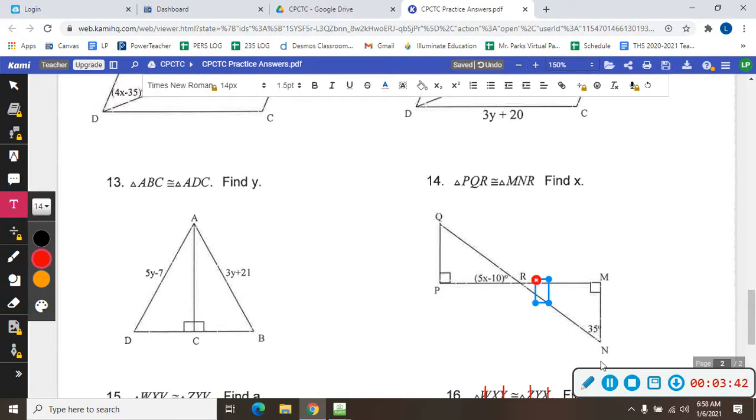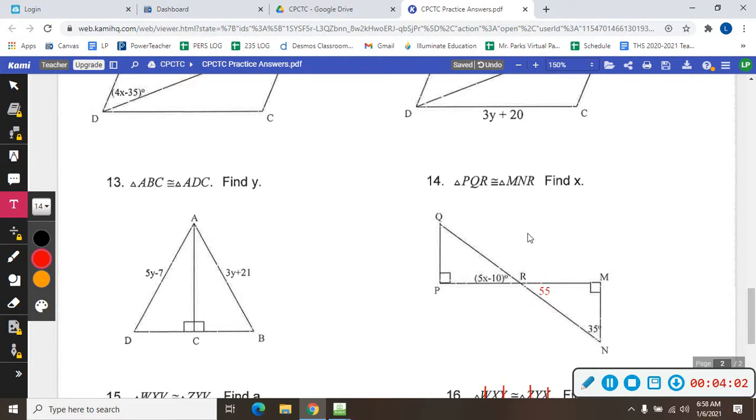So if these are 125, that would leave 55 degrees left? 55 plus 30 is 90, plus 90 is 180. By the interior angle sum theorem, 3 angles in a triangle add up to 180.